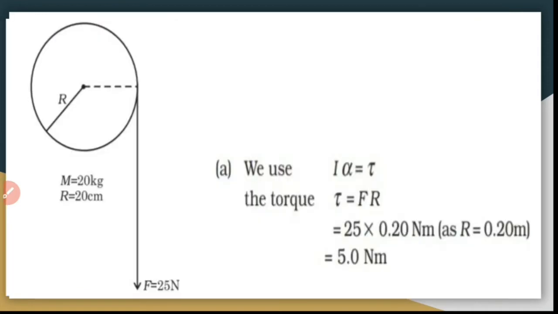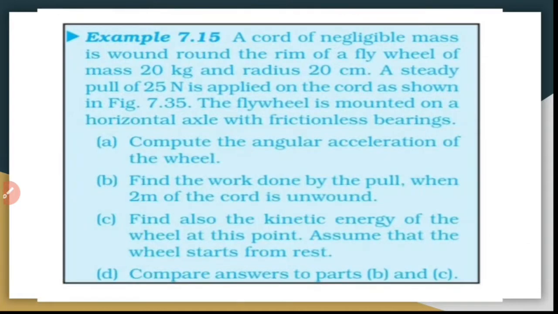So the diagram referred is this. You can imagine, as given, you have a flywheel and a cord wound round the wheel, and the mass and radius of the flywheel are given. The flywheel has 20 kilogram mass and radius 20 centimeters, which is 0.2 meter.